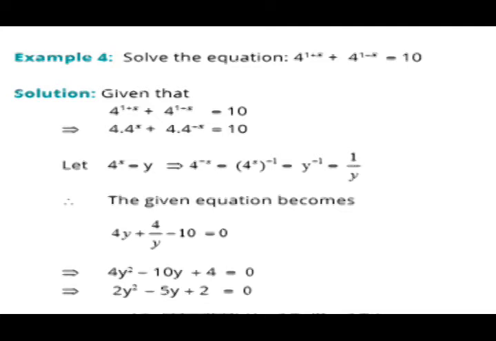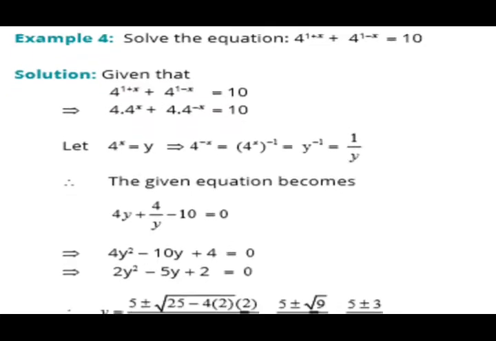And here we let 4 raised to power x equal to y, and 4 raised to power minus x means y raised to power minus 1, which is equal to 1 over y. And then we put these values.